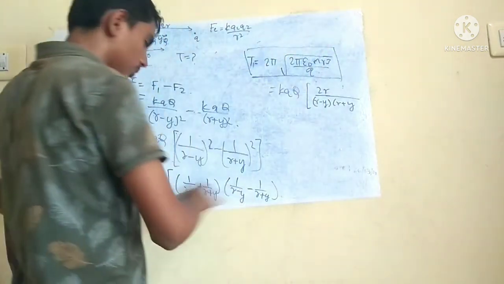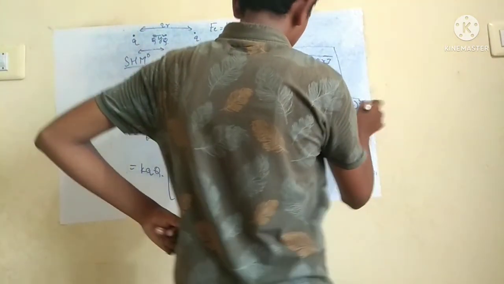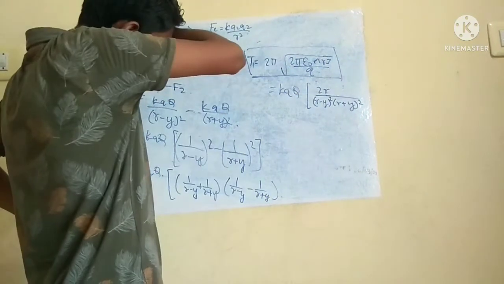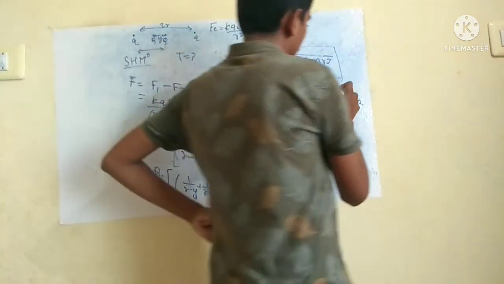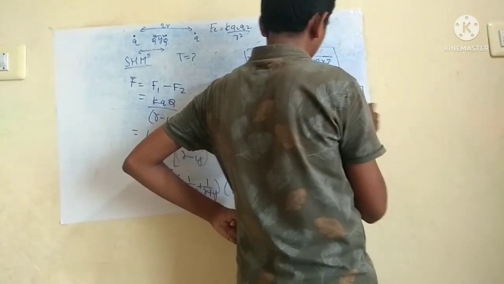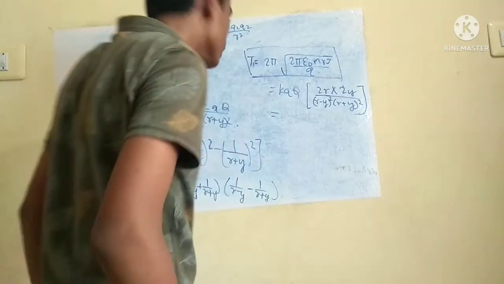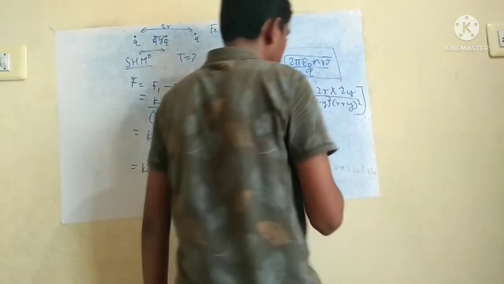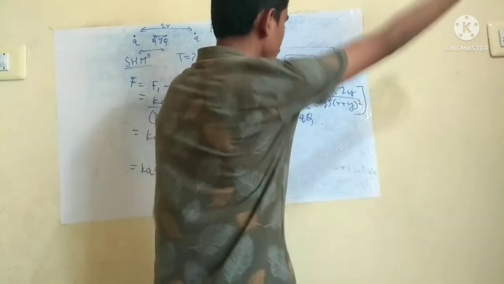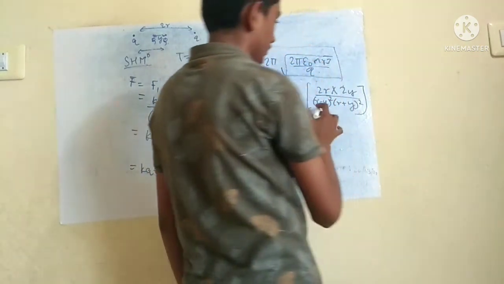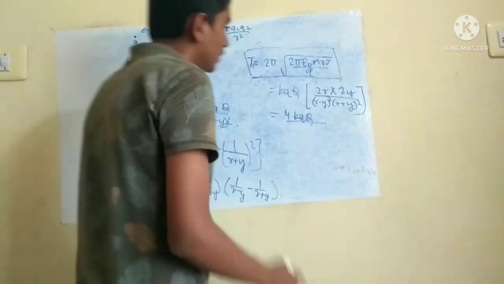It will be common in both cases. It will come like this if you multiply this and this. If you simplify, you will get like this. This is a minus b whole square into a plus b whole square.